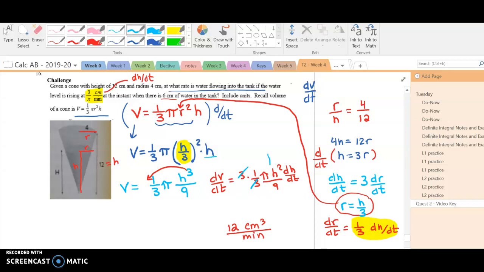Now I can plug 6 directly here, 3 over pi in for dh/dt, and I'm still going to get the same 12 centimeters cubed per minute. If you see this substitution, this way is easier, but if you don't see it, you can use the product rule, but either way you're going to somehow have to use this ratio.